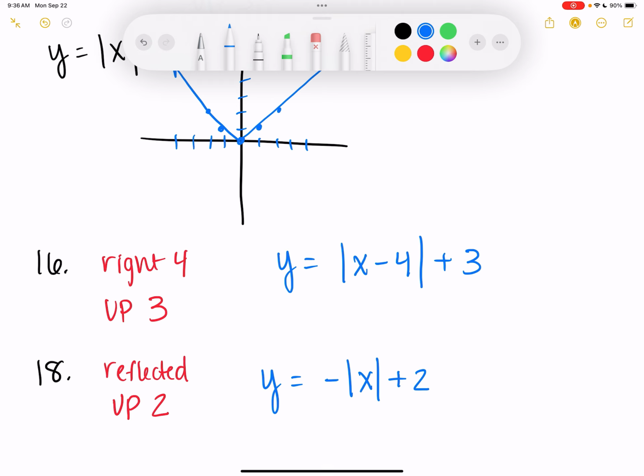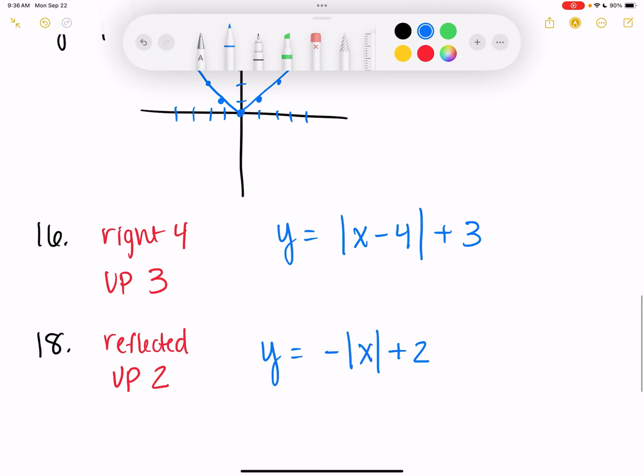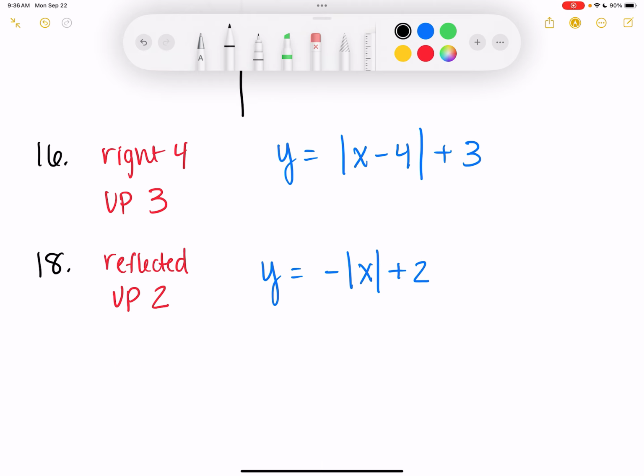All right, 20. So this one is different. I'm going to try to put this one up here so that I can show you something on this one. This graph is obviously shifted over. We'll talk about that in a second. But as far as telling if it's compressed or stretched, I'm essentially looking at the slope of the line. I would recommend looking at the positive one so that you don't get confused.